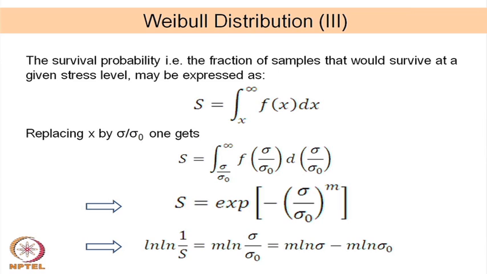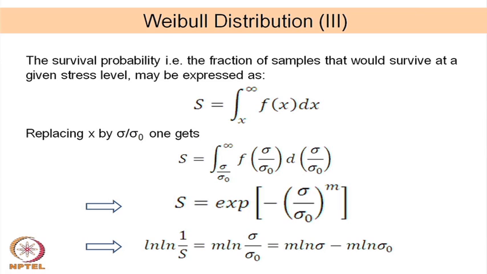So, the survival probability may be expressed as this integration from x to infinity of f(x) dx. That is what we can call the survival probability. Basically, it is the area under the curve within a particular range, x to infinity.